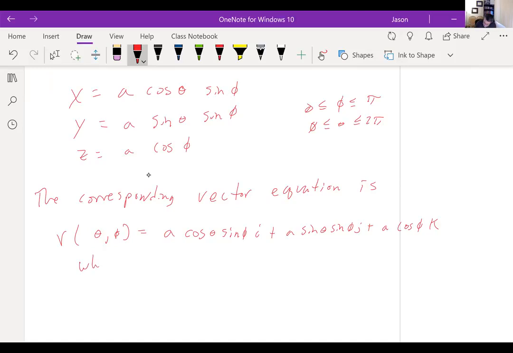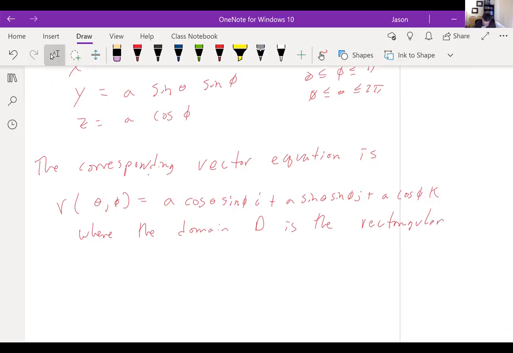Okay, where the domain D is the rectangular domain 0 to 2 pi by 0 to pi.